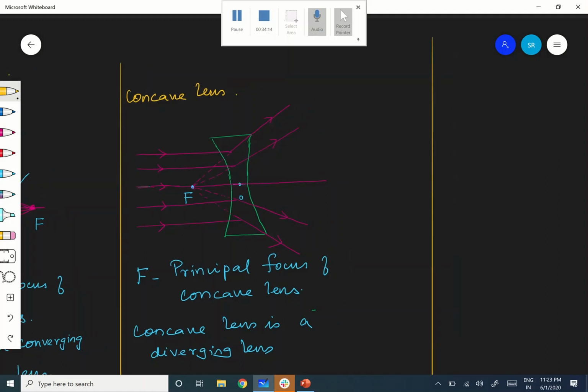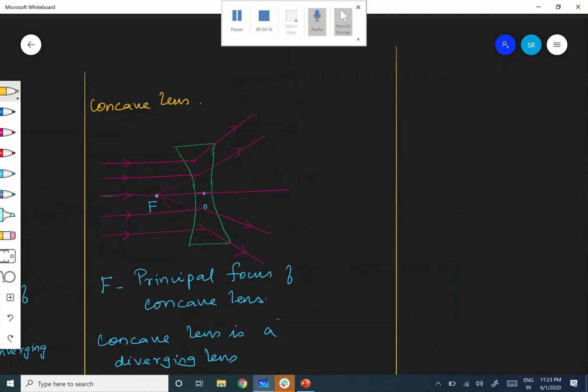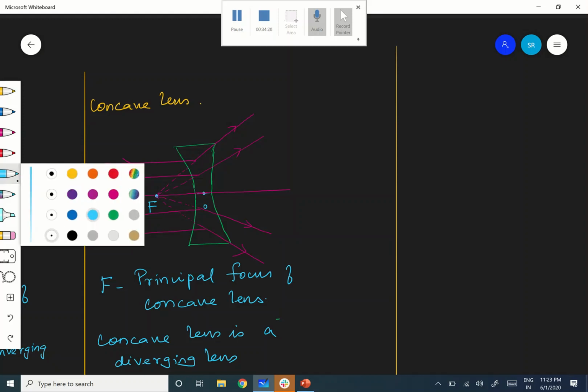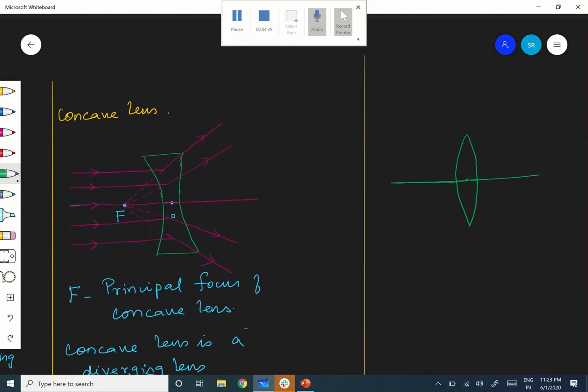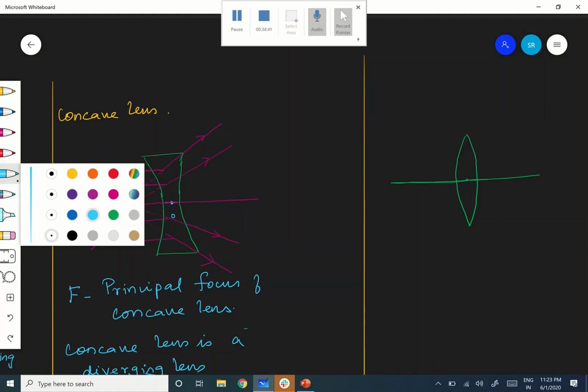If you want, I just want to draw the convex lens first. This is your principal focus, and this is O, the optic center.